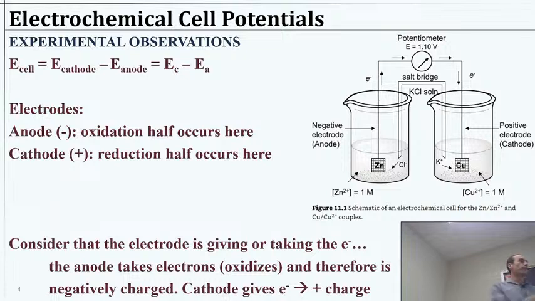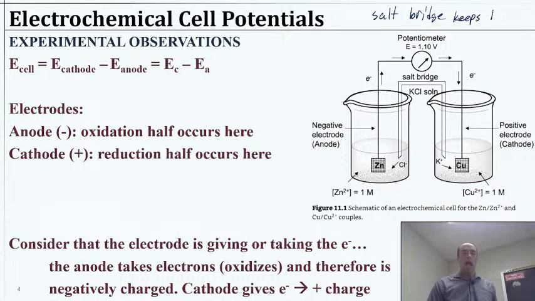Because if we're flowing electrons one direction with no salt bridge, it couldn't actually happen because we can't violate electroneutrality, right? So the salt bridge, we'll just say, keeps electroneutrality, because otherwise we simply can't have more charge on one side or more positive charge than negative charge.